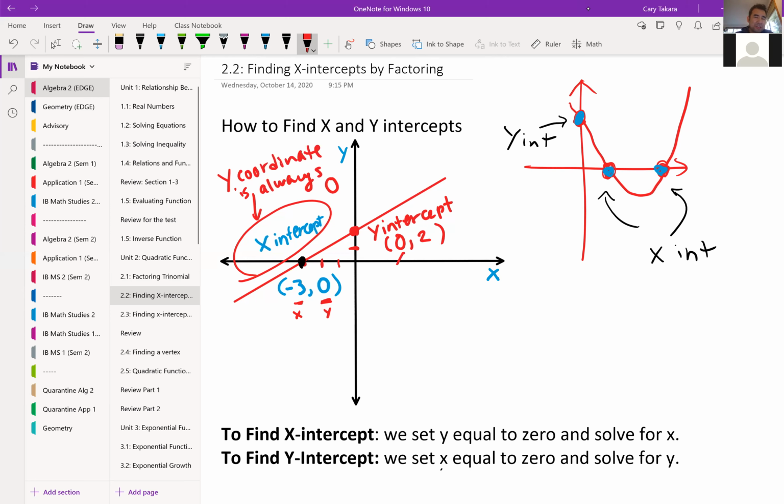Do you notice that the x coordinate of the y-intercept is always 0?